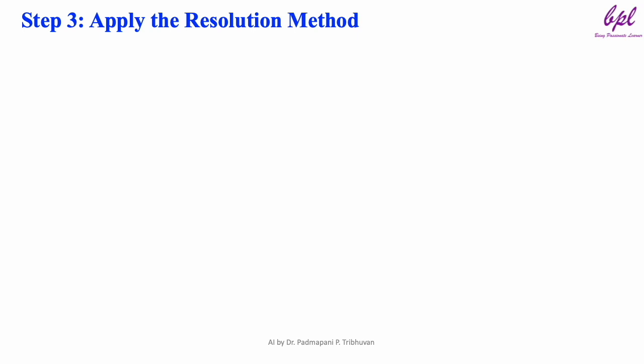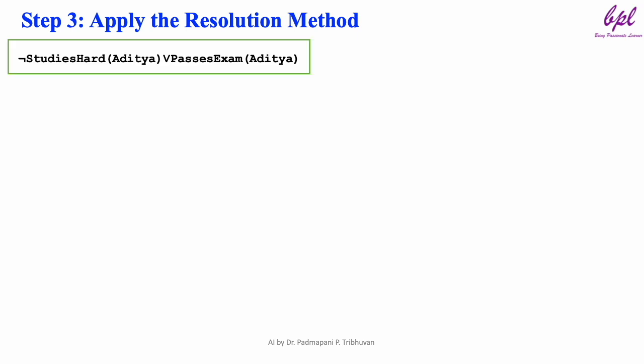let's visualize the resolution process for our example using a resolution graph. The resolution graph shows how different clauses are resolved step by step to reach the final contradiction, proving our goal. From clause 1, we got the statement Aditya not studies hard or Aditya passes exam.